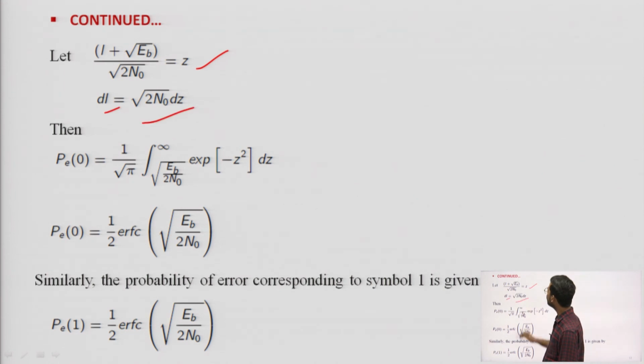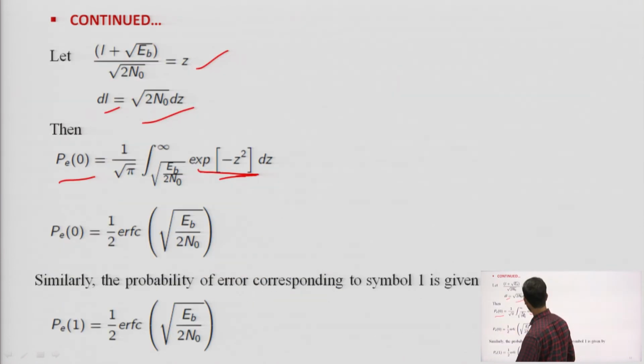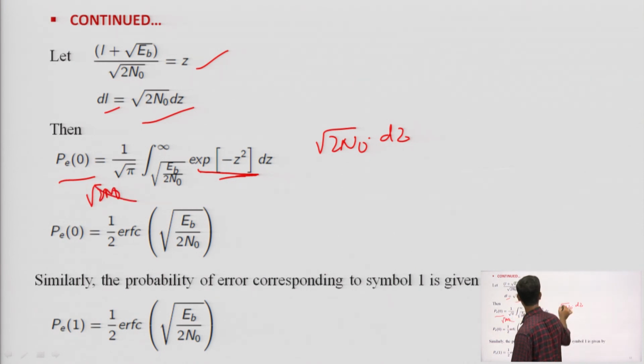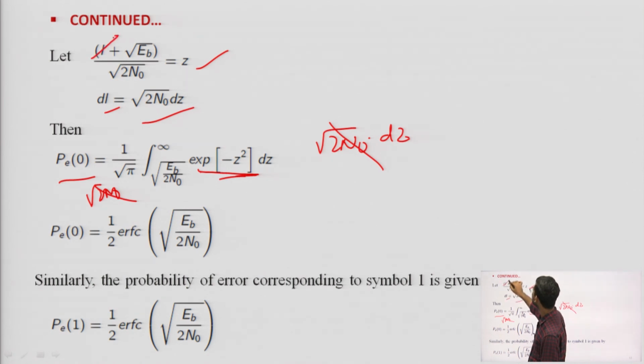Now I get dl equal to root 2 N naught dz, and I get P_e0 equal to 1 by root pi multiplied by exponential of minus z square, integrated. The root 2 N naught cancels out. For infinity I get infinity, and for 0 I get root EB by 2 N naught as the lower limit.